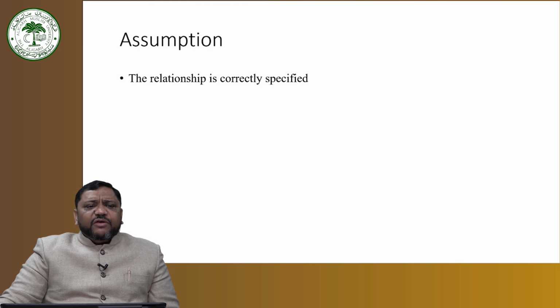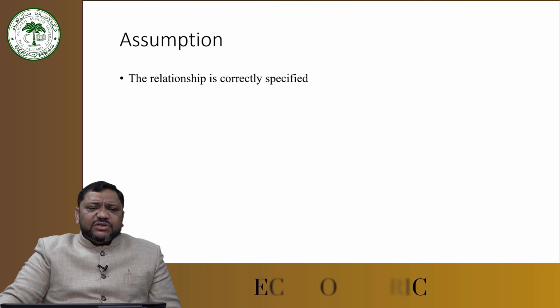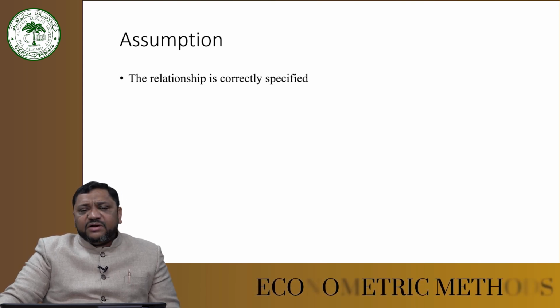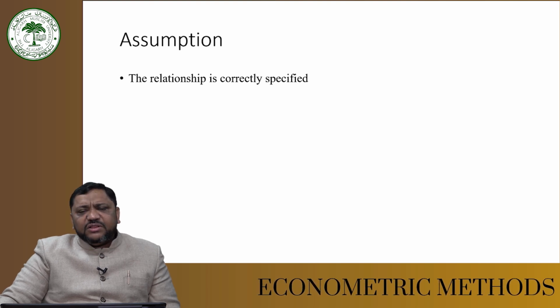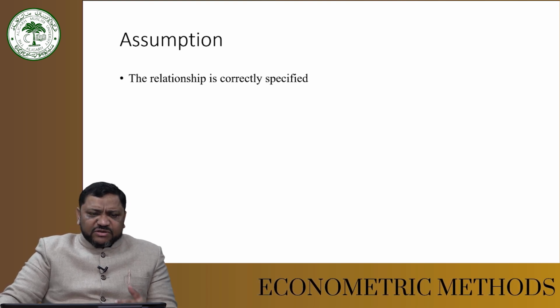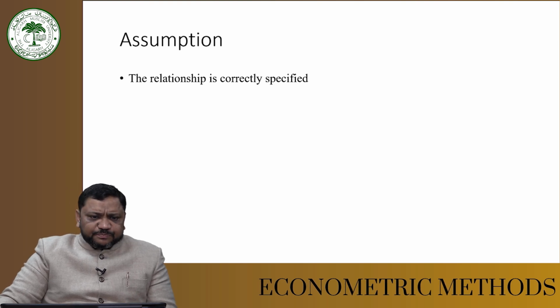Now subsequently we will be seeing in our coming lectures what happens if an assumption is violated. Like if the variance of the error term is not constant, then we have a problem. What is the problem and what is the solution to the problem?